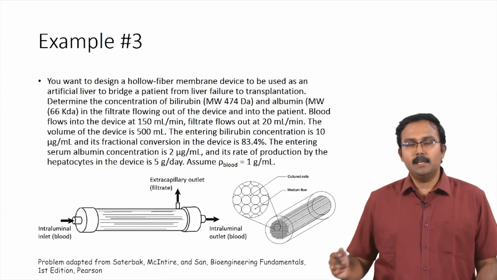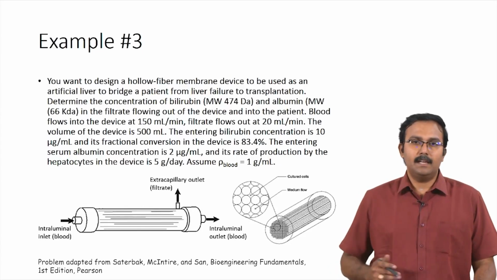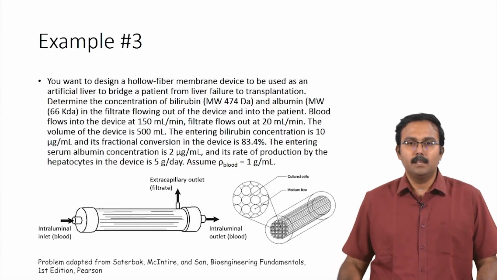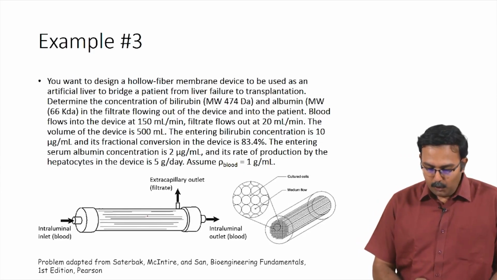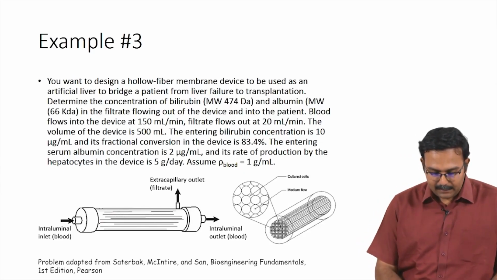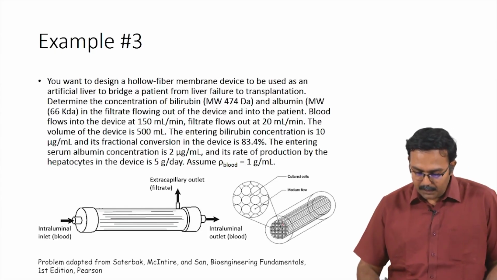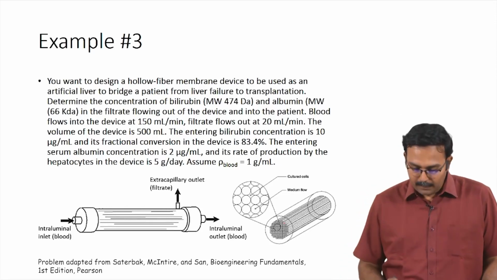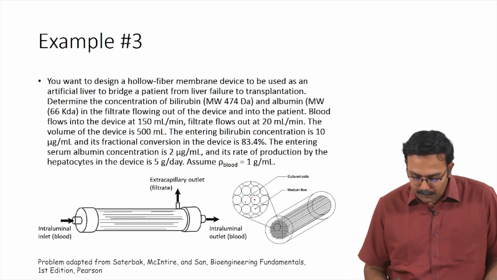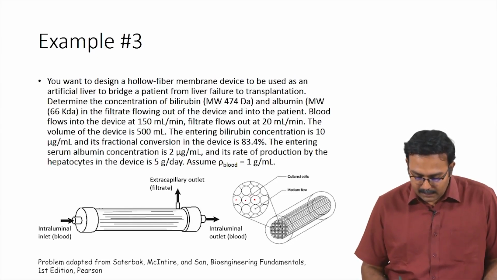So this is an artificial liver device. You can look at the device and try to understand how this system is. You actually have multiple tubes present inside the hollow membrane. Each of these tubes is where you have the blood flowing, and there are cultured cells in the gaps between them.